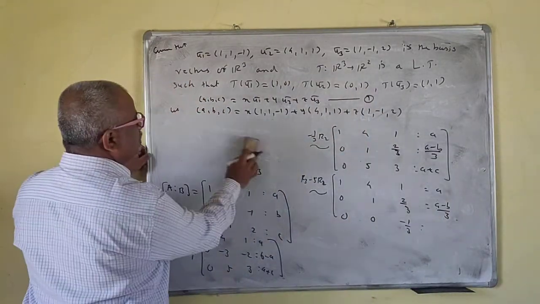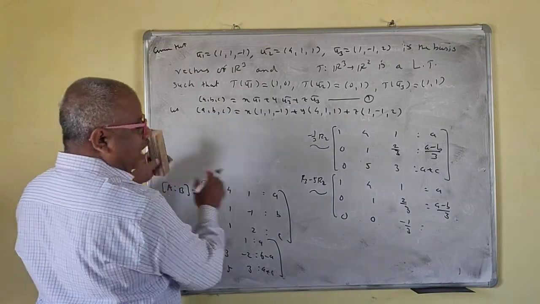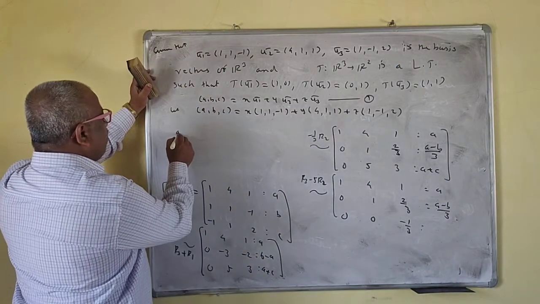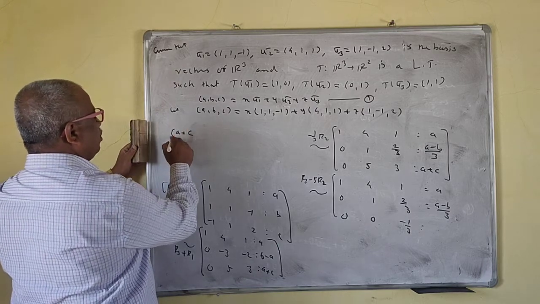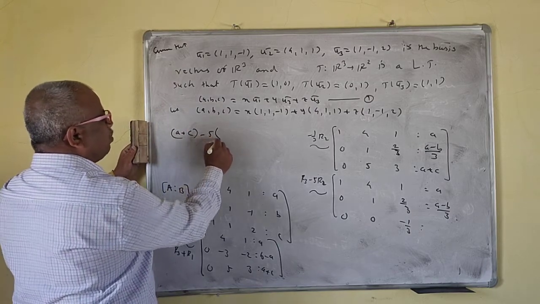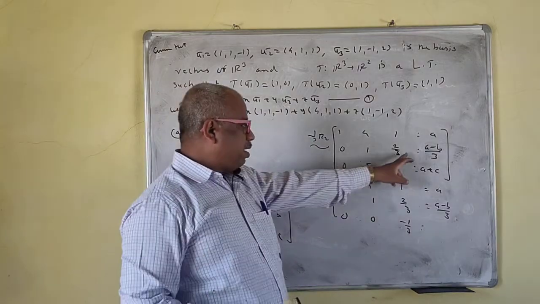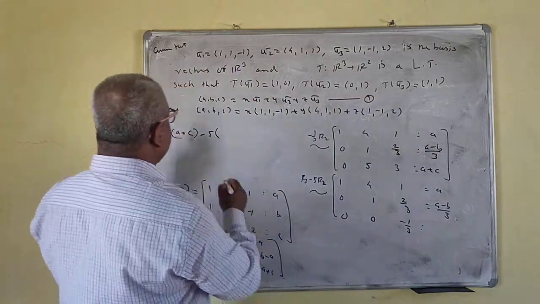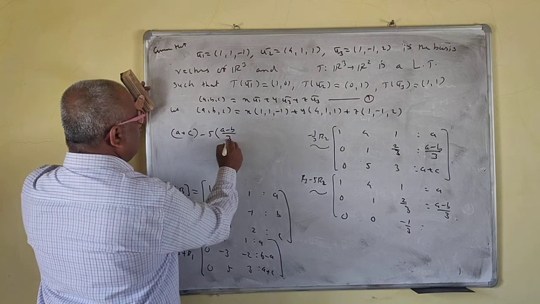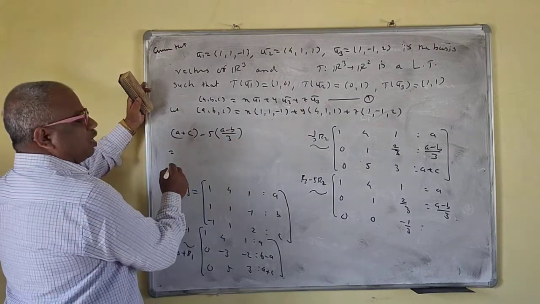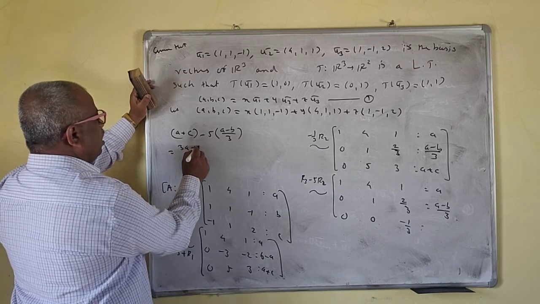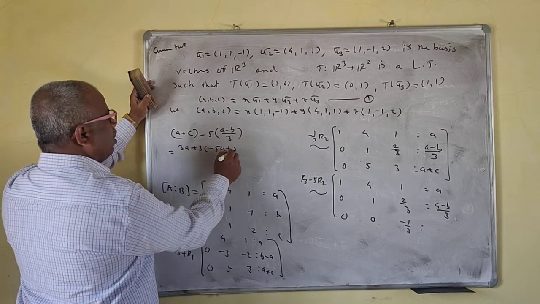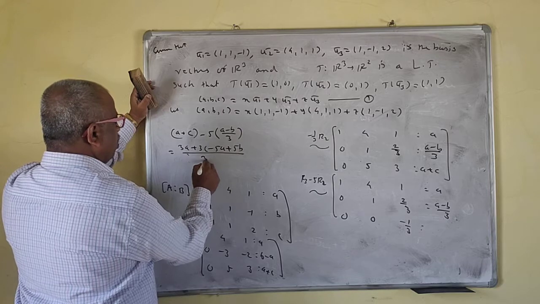I will erase this one because I don't want it; I have to do the calculation. This is your a plus c, minus 5 into a minus b upon 3. We multiply by 3 here, so 3a plus 3c minus 5a plus 5b upon 3.